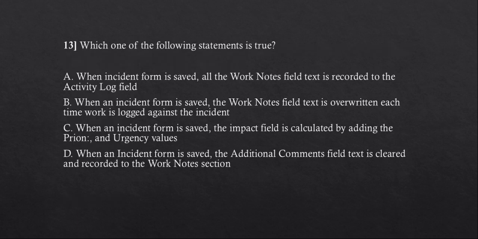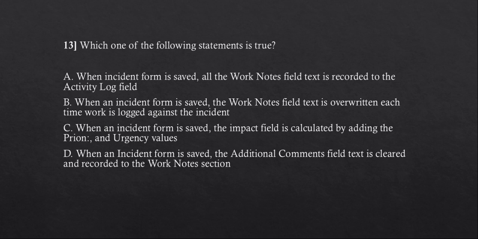Next question. 13. Which one of the following statements is true? A. When an incident form is saved, all the work notes field text is recorded to the activity log field. B. When an incident form is saved, the work notes field text is overwritten each time work is logged against the incident.